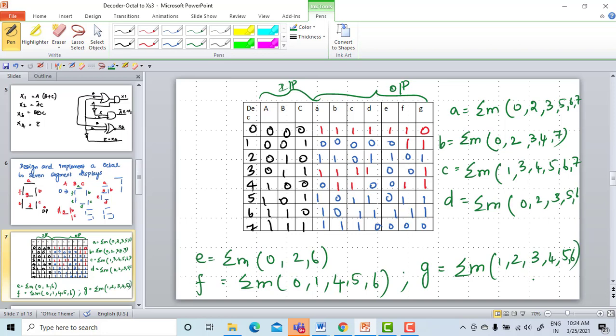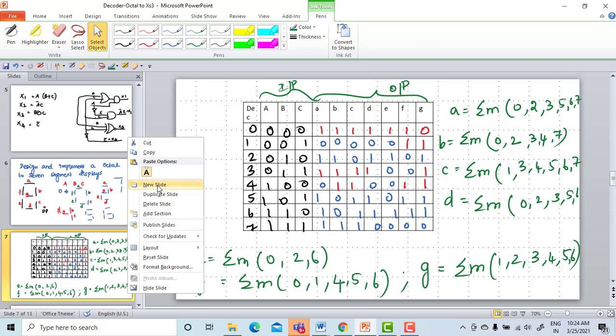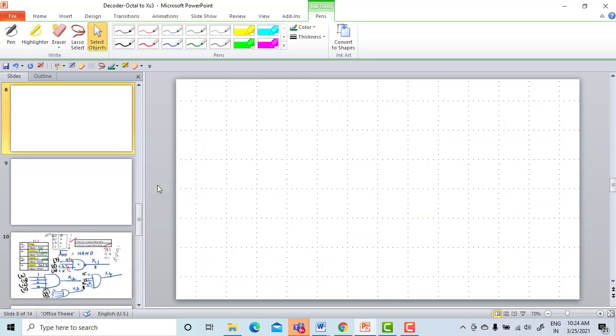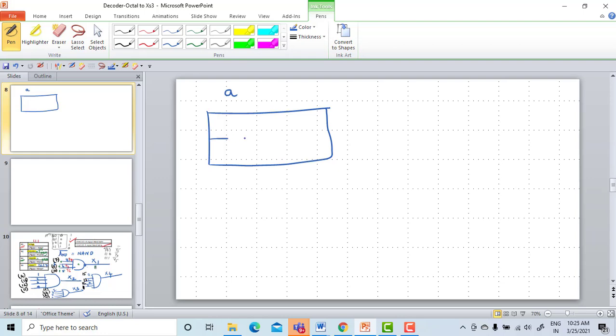So for all these min terms, what you need to do is develop, realize and implement the logic circuit. Now A is the input, and it's a 3 variable map, octal.